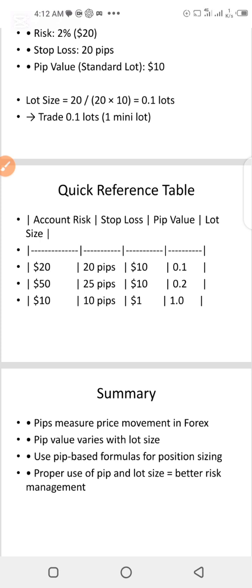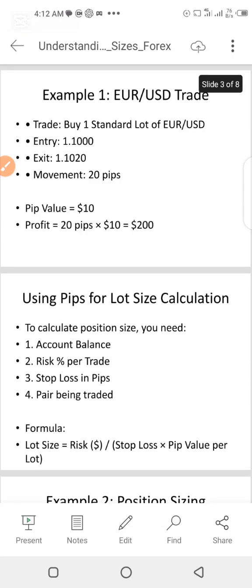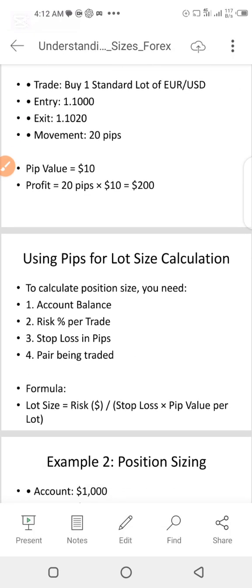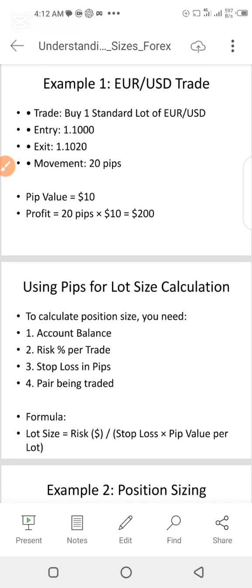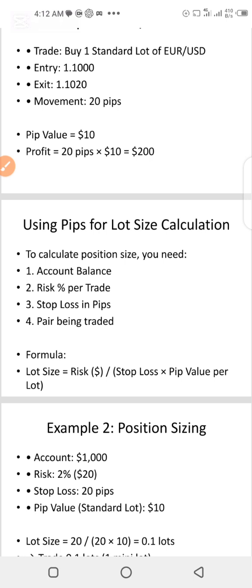So you guys can see it, the $20, the $50, and the rest, you get it. So on this, using pips for lot size calculation.